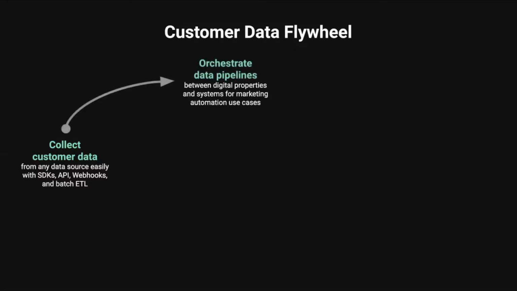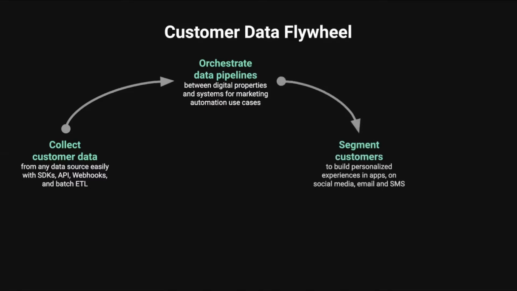The next step is orchestrating the data pipeline, which is essentially the idea of taking that data and making it actionable across different systems and applications to send out whatever user engagement scenarios you want to create for your users. So as that data comes in, you obviously want to build segments. You want to understand which of the different cohorts apply for different categories.